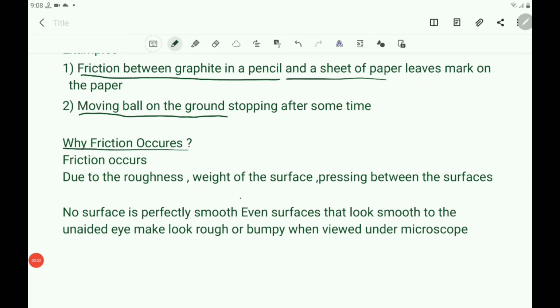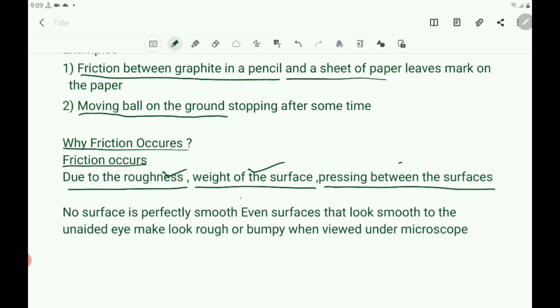Why does friction occur? Friction occurs due to the roughness, weight of the surface, and pressing between the surfaces. We know that no surface is perfectly smooth.